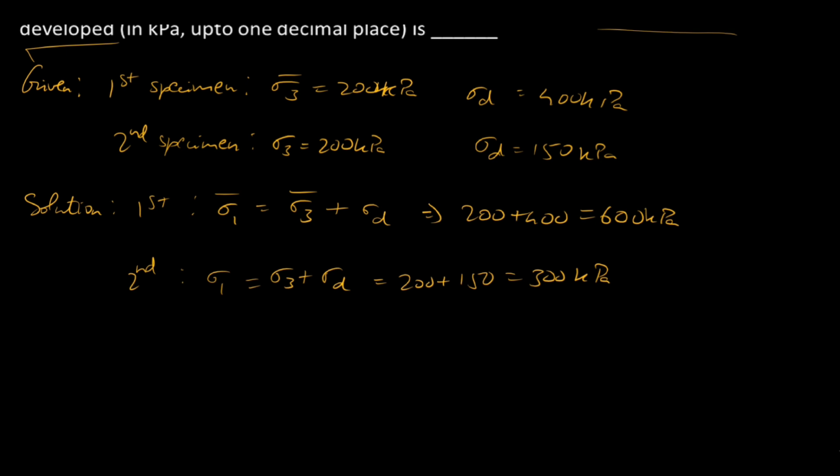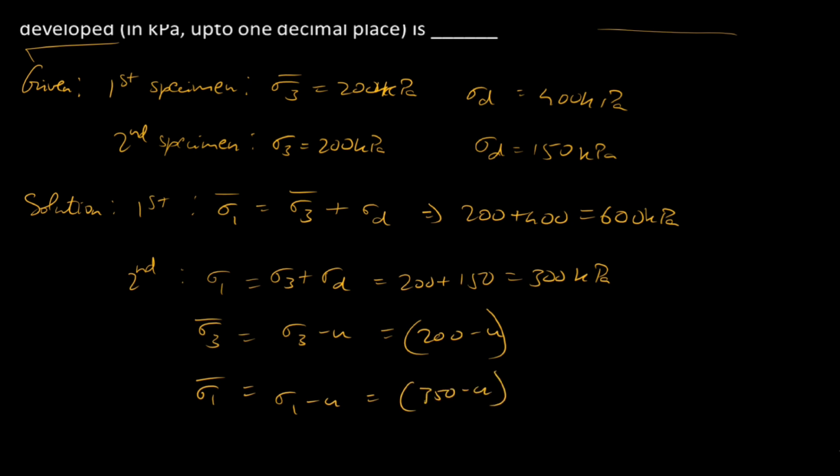So from the second specimen, the effective confining pressure sigma 3 dash will be equal to sigma 3 minus u, that is 200 minus u, and sigma 1 dash will be equal to sigma 1 minus u, that is 350 minus u.